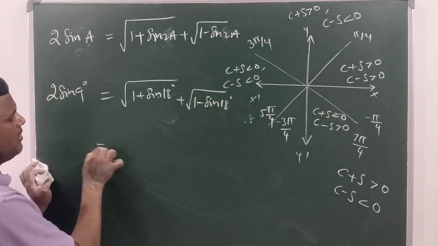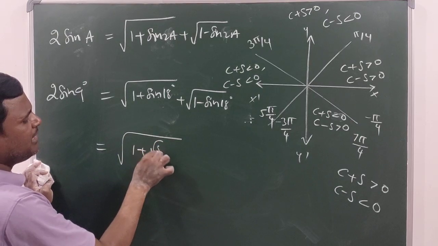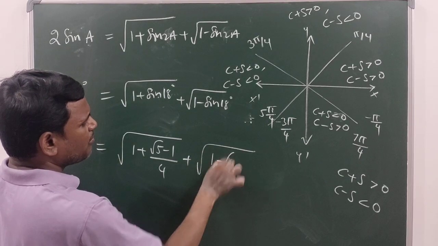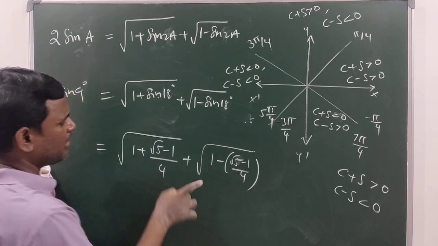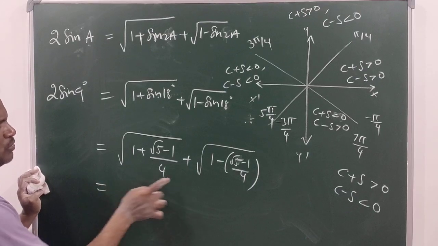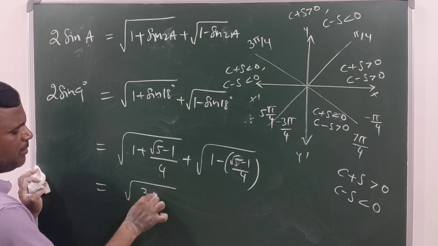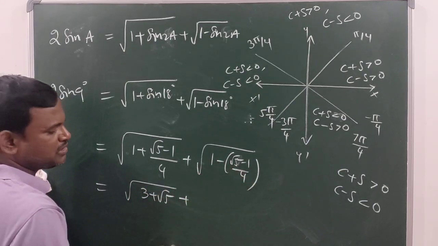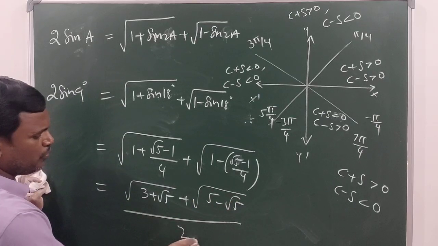Now simplify. If you simplify inside, what do you get? 1 plus sine 18, as we know, is root 5 minus 1 by 4, and this one is 1 minus root 5 minus 1 by 4. Now simplify. So 4 minus 1 is 3 plus root 5, and here 4 minus of minus, plus. So 5 minus root 5 by 2 you will get.